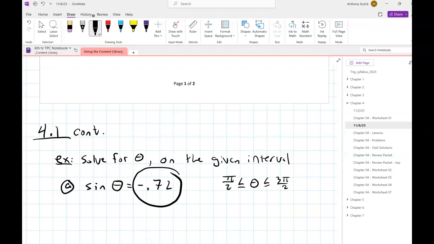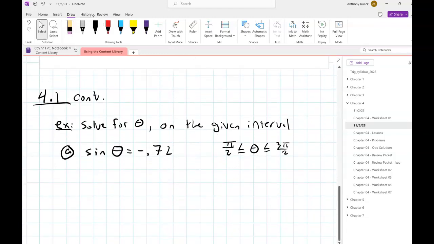Unless I recognize that thing at the end as a unit circle value, like 1/2, root 3 over 2, root 2 over 2, 0, 1, or if it's tangent, maybe I have like root 3 over 3 or root 3 by itself or 2 or something. But this is clearly a kooky decimal. That's not a unit circle value.